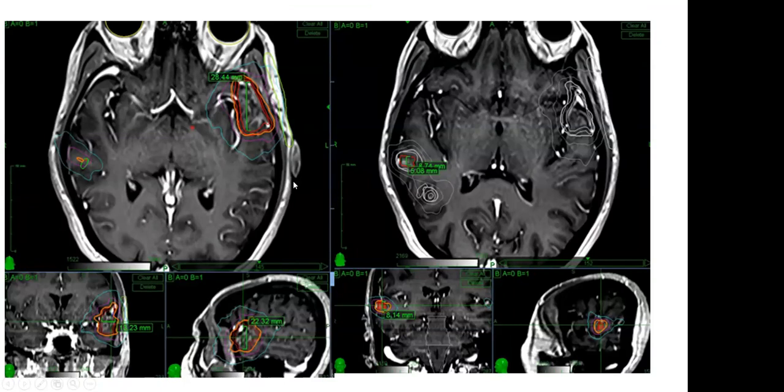These both scans are of the same patient, a very thin or linear kind of nodule here along the gyri. It was along this temporal lobe, a parenchymal involvement as well as this nodular involvement. There was one more lesion somewhere else.